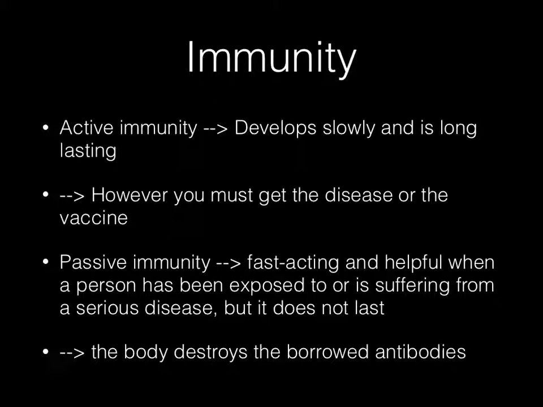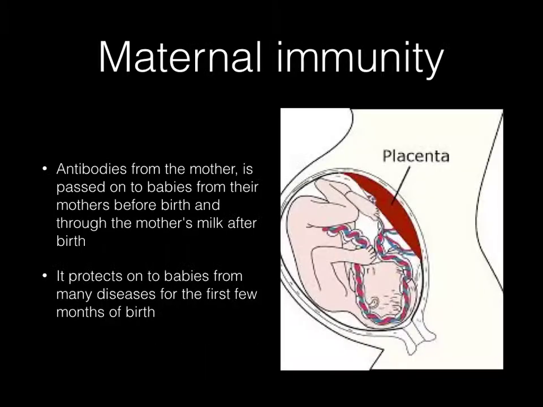The body destroys the borrowed antibodies. Maternal immunity. Antibodies from the mother are passed on to babies before birth and through the mother's milk after birth. It protects babies from many diseases in the first few months after birth.